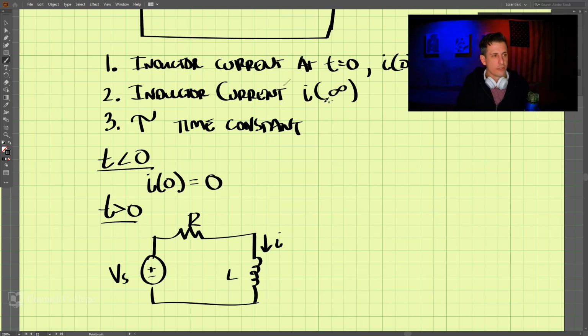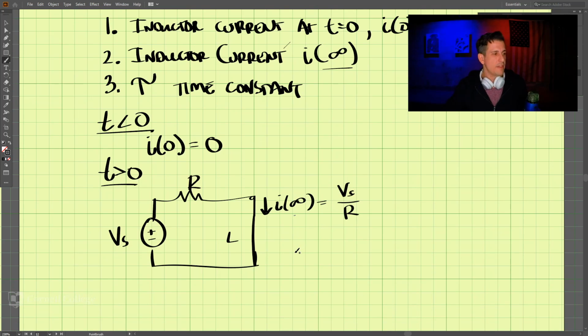Well, at infinity, this here is acting like a short circuit. After an extended period of time, that acts like a short circuit. So I at infinity is equal to the voltage source divided by R. This was step 1, step 2, and step 3 is to find the time constant.